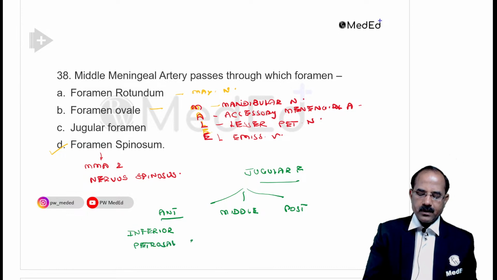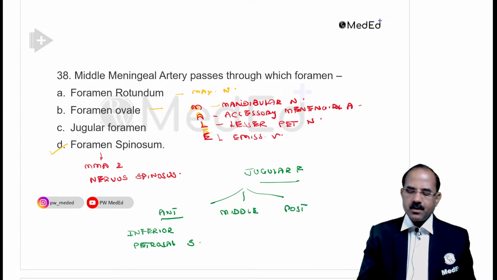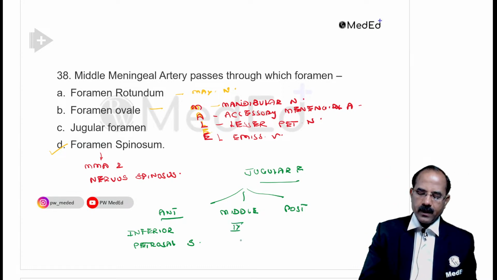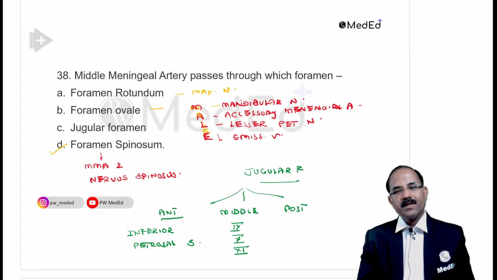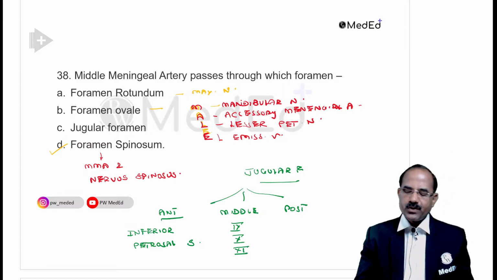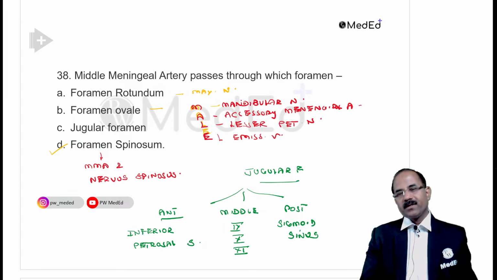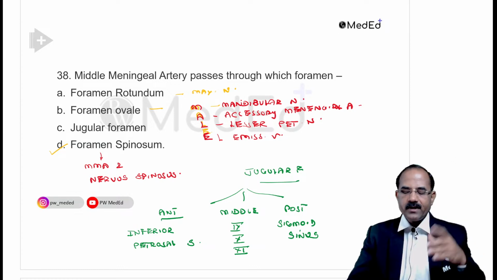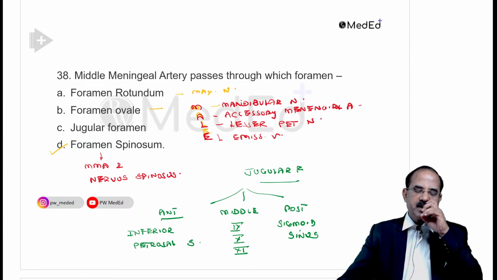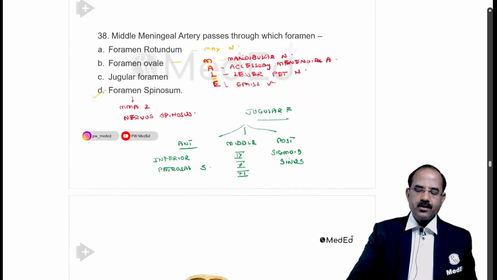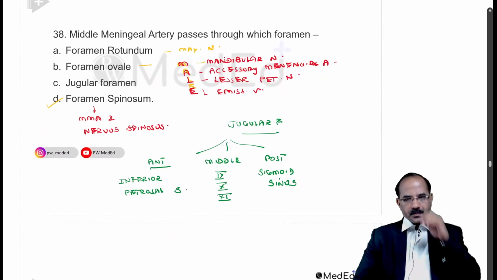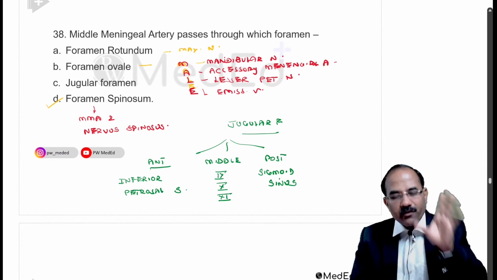What passes through the middle compartment? That's the 9th, 10th, and 11th cranial nerves. And what passes through the posterior compartment? The sigmoid sinus. The sigmoid sinus later becomes what? The internal jugular vein. Okay?